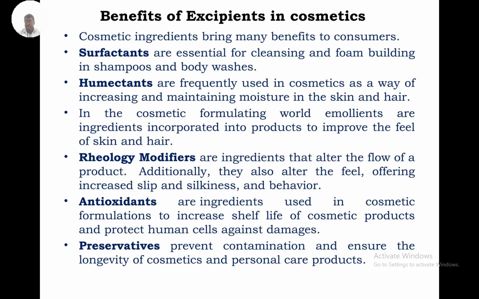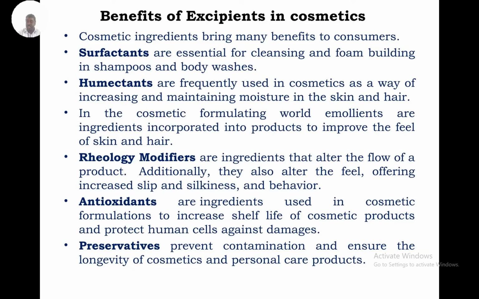Next excipient is antioxidant. These are ingredients used in cosmetic formulations to increase the shelf life of cosmetic products and protect human cells against damage. Antioxidants are broadly classified into two types: organic antioxidants and inorganic antioxidants. Next excipient is preservative.